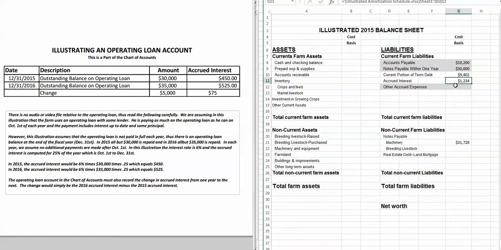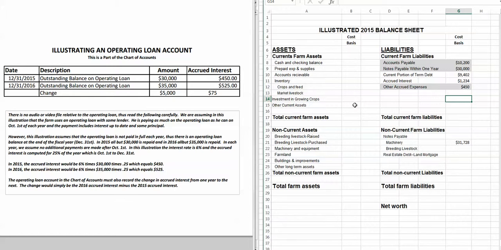You could put that accrued interest right here with accrued interest. You could add it to this accrued interest that's here, or you could put it down here in other accrued expenses. Or you could actually have another line that says accrued interest on operating loan. That's simply user choice where you would put that $450. So I'm going to go down here and simply put that $450 right here.